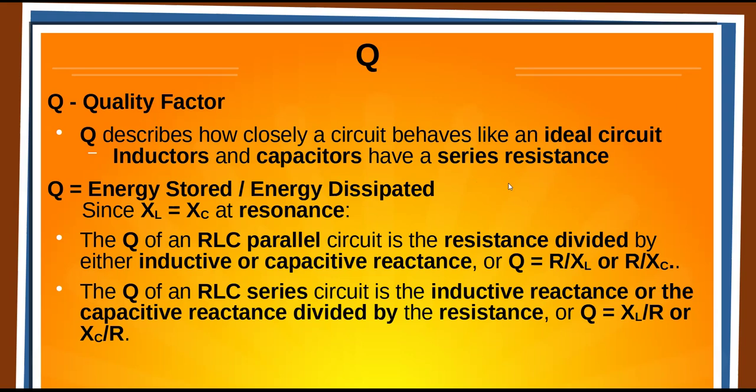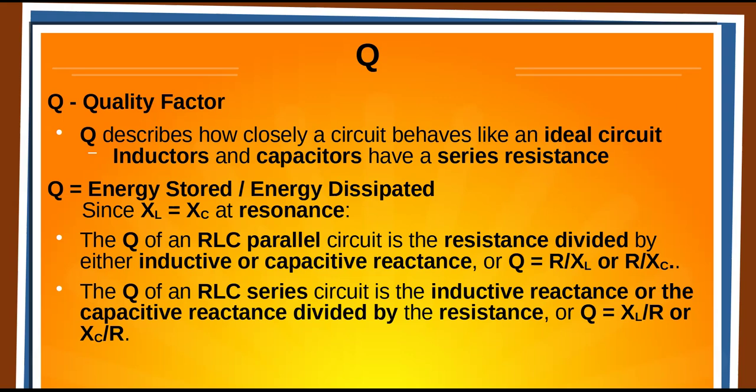So in a parallel circuit, you've got a parallel R. The higher that parallel resistance is, the higher your Q can be, because if you divide a large R by a small reactance, you get a high Q. The smaller that resistance is, the lower the Q of the circuit. So that's one way to change the Q, by whatever that parallel resistance is.